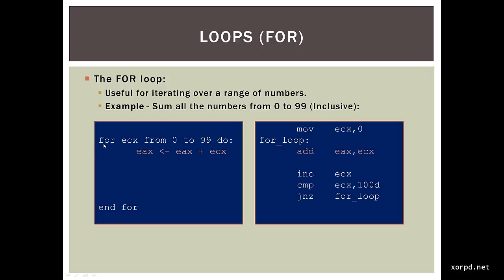We can say that we have this interesting statement, for ECX from 0 to 99 do, which actually means take ECX and each time put a different number inside of it. Begin with 0, then move to 1, then 2, and so on until 99.